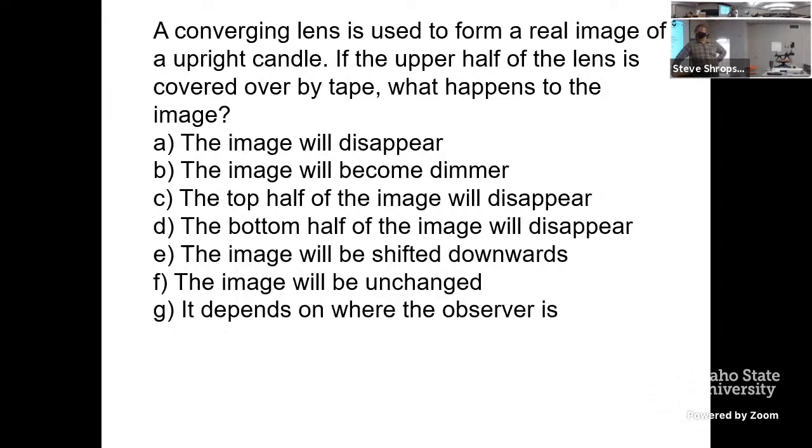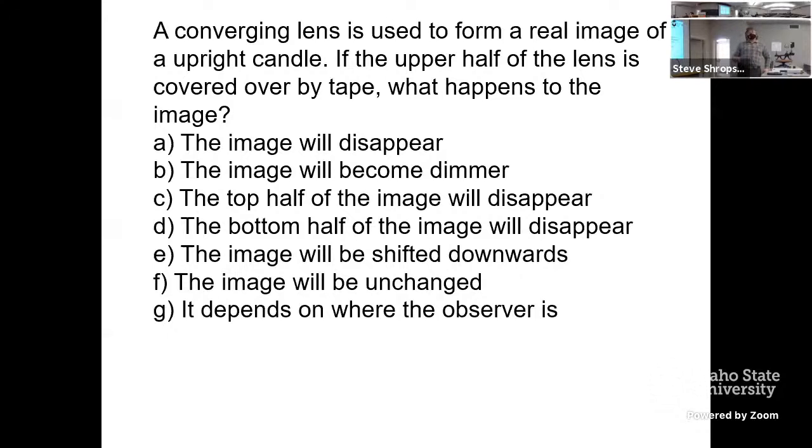Anyone? I like the answer D, just because if the lens is converging like that, the light will converge to one point. So I think the higher part being covered will just make the bottom half disappear.